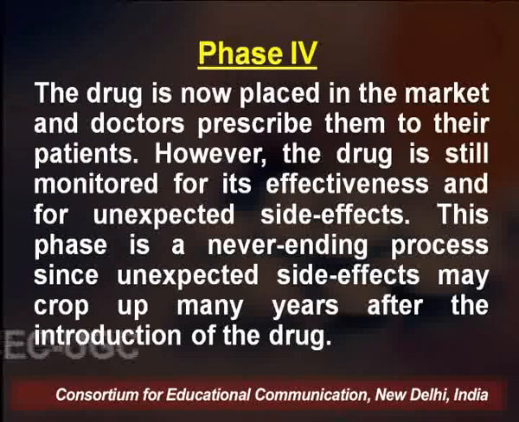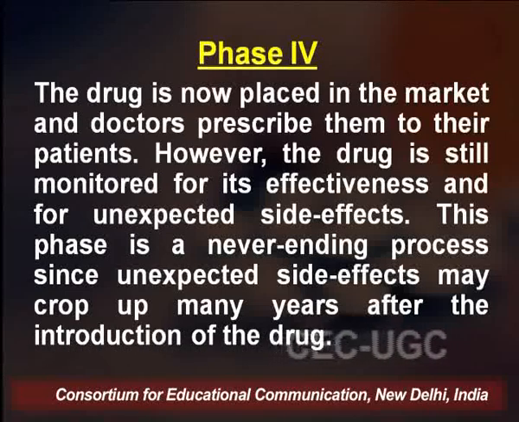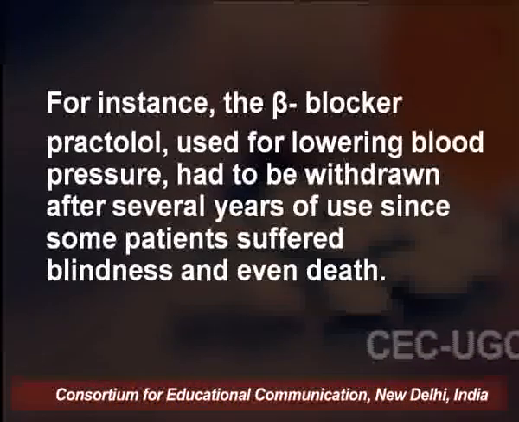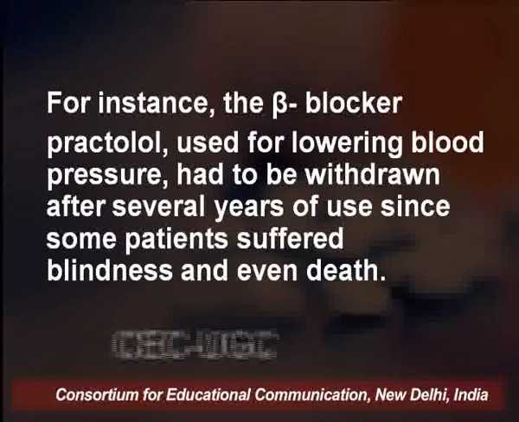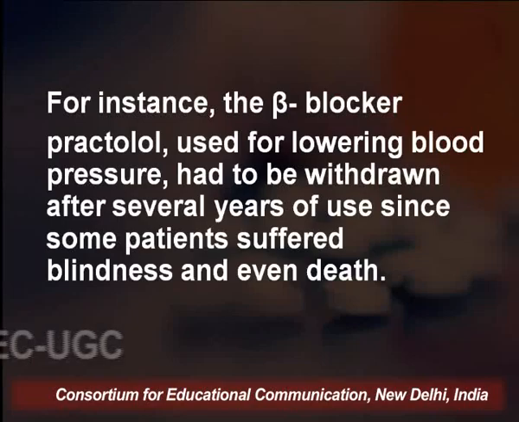This phase is a never-ending process since unexpected side effects may crop up many years after the production of the drug. For instance, this is a very good example, the beta blocker Practolol used for lowering blood pressure had to be withdrawn after several years of use since some patients suffered blindness and even death.